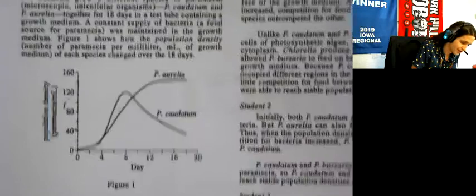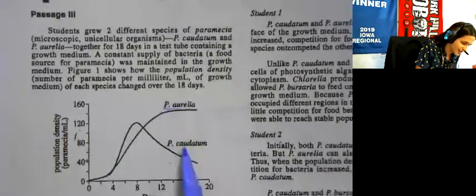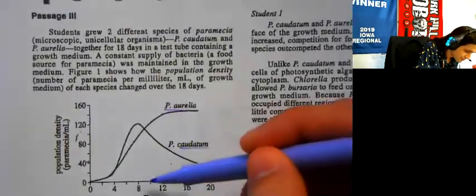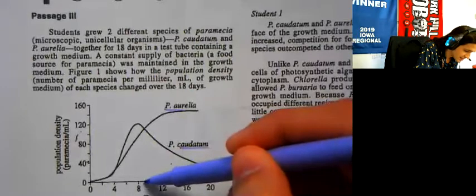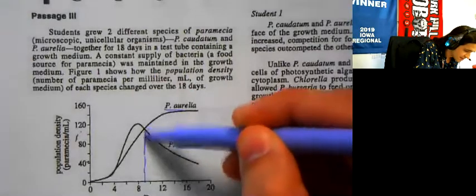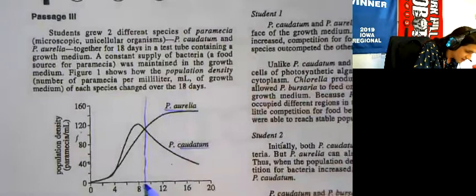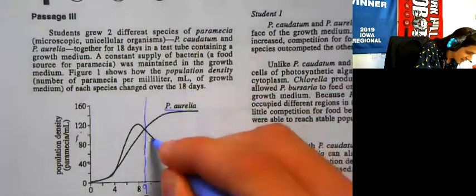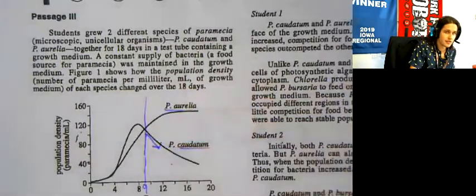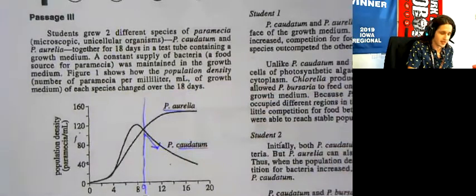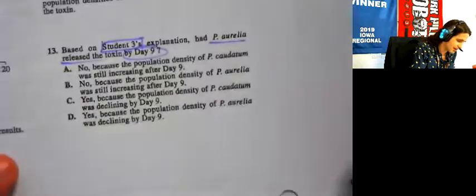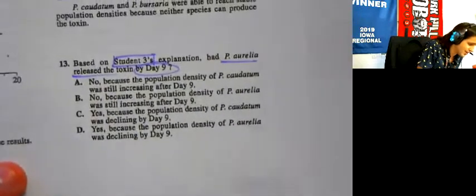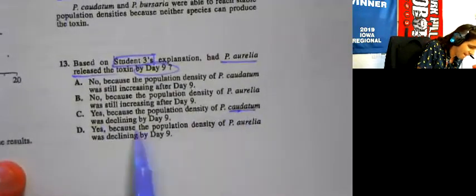Go look over here. Here's aurelia and caudatum. That's 8, so 9 is right here. So was caudatum going down on day 9? Yes, indeed it was. Great. So caudatum going down? Yes, because the population density of caudatum was declining by day 9.